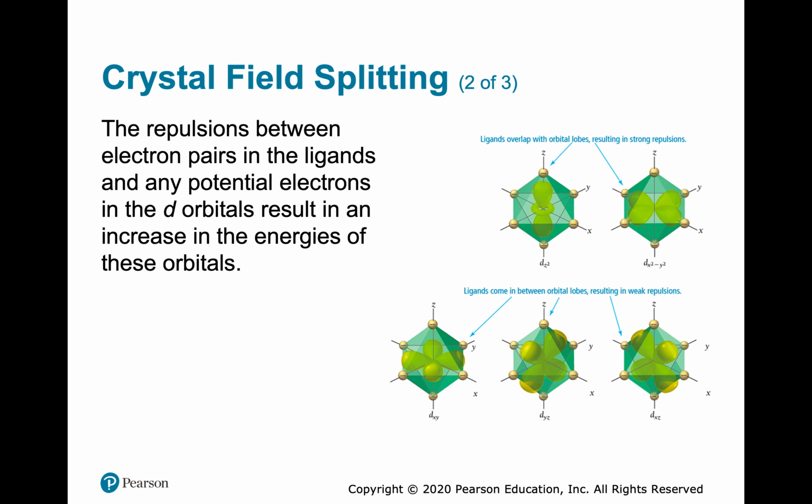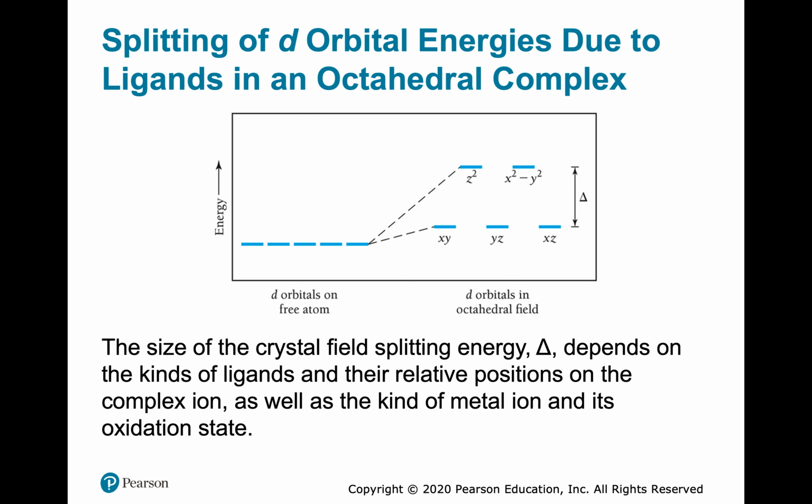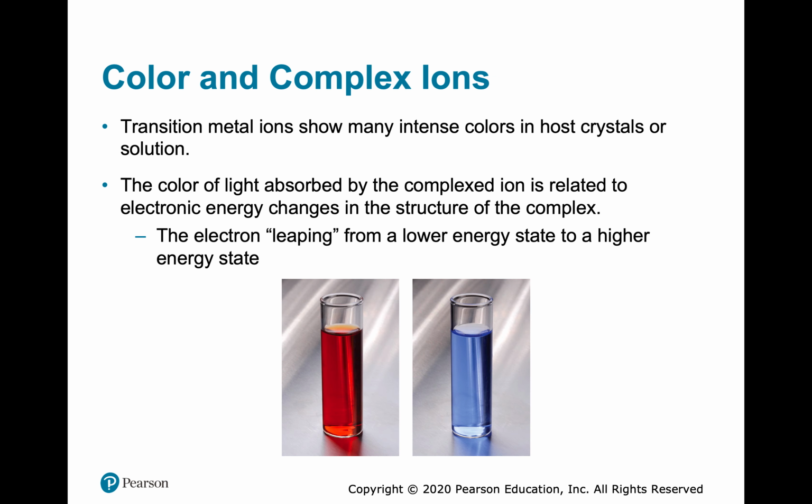So, this is kind of what I've said already. It's going to push on these, and it's going to raise the energy levels, especially for the dz squared and the dx squared minus y squared orbitals. And that's what we have here. Depending on the size of the splitting, we have certain consequences of this: the colors that we see, and that comes from the electrons leaping.